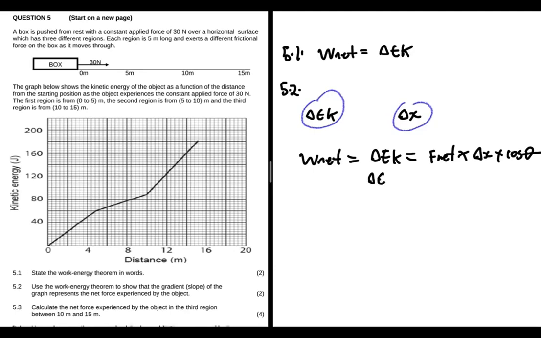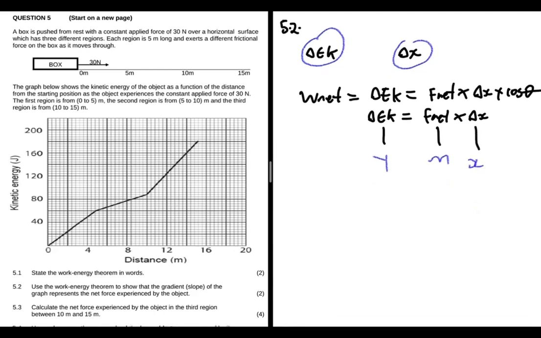So we're going to have delta EK equals F net multiplied by delta x cos of theta. If theta is 0, that will be 1, because cos of 0 is 1. So we just have delta EK equals F net multiplied by delta x. Now we have EK on our y, F net as our m, our gradient, and the distance as our x.